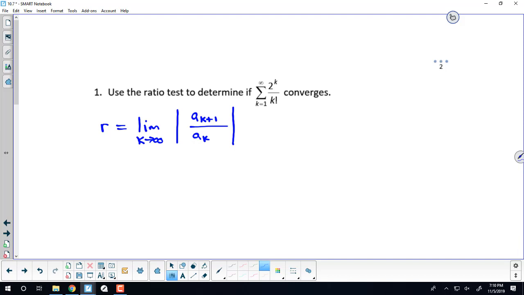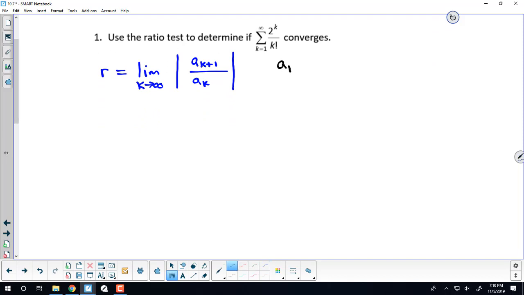And that's the test regardless of the series that's given to us. In particular, this series 2 to the k over k factorial is always positive, so having the absolute value is sort of redundant. But we should start off with it because it's going to be necessary when we have things that could be positive or negative.